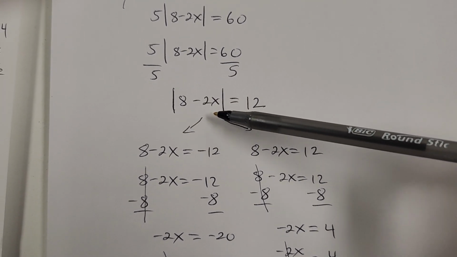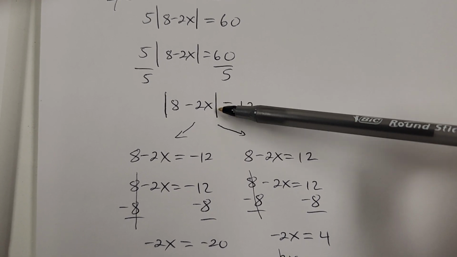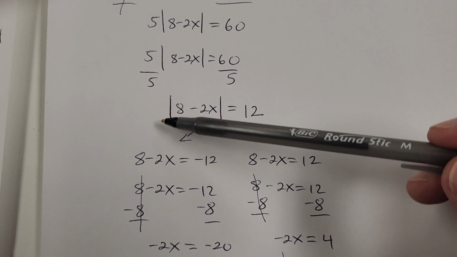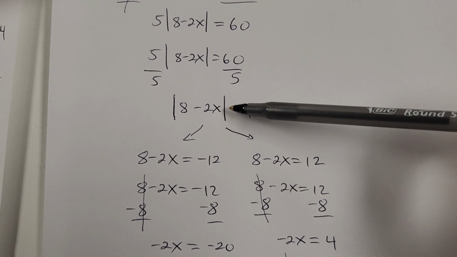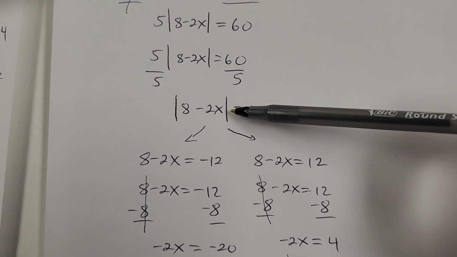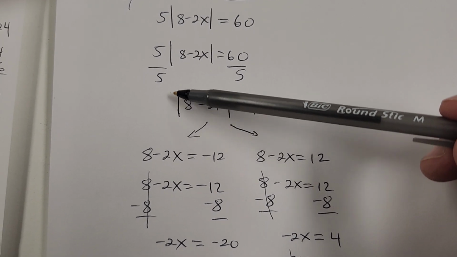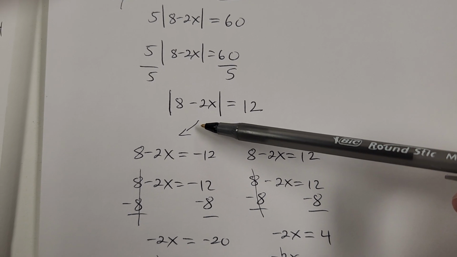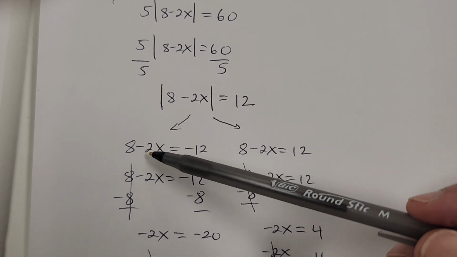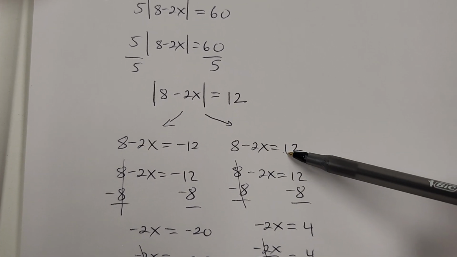Now if you look very carefully again, there's nothing here, and there's nothing here, and there's nothing in the bottom. So one more time, there's no number in the back of this absolute value, there's nothing in the front of this absolute value, and there's nothing underneath of this absolute value. Then we can split it up left and also right.